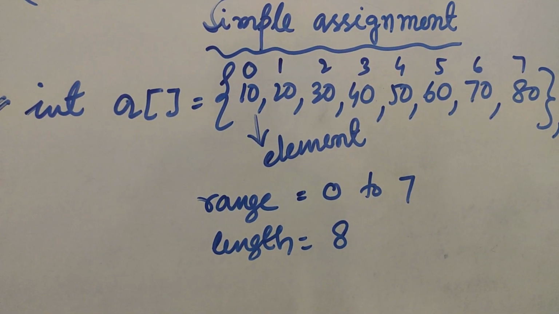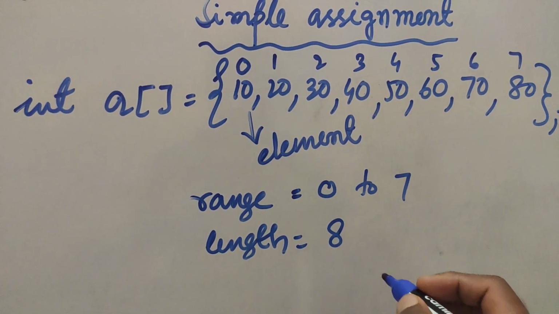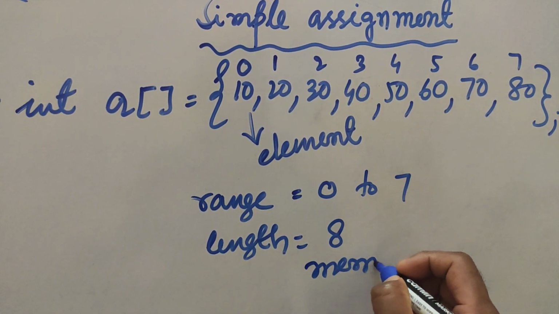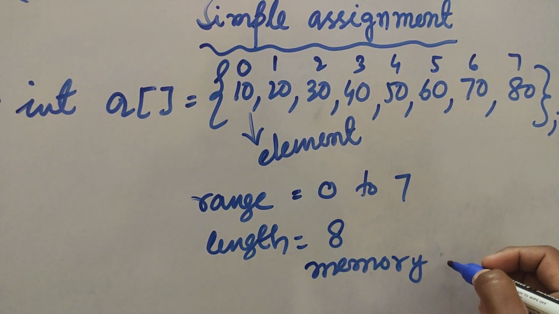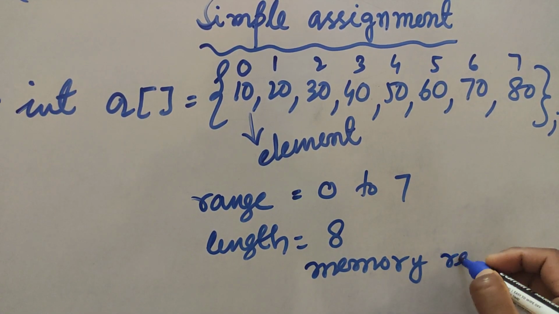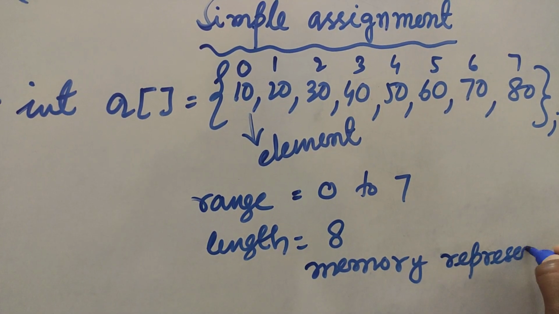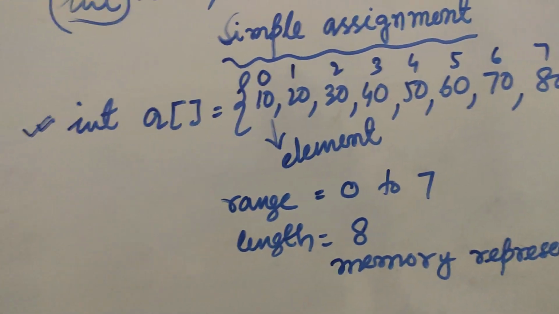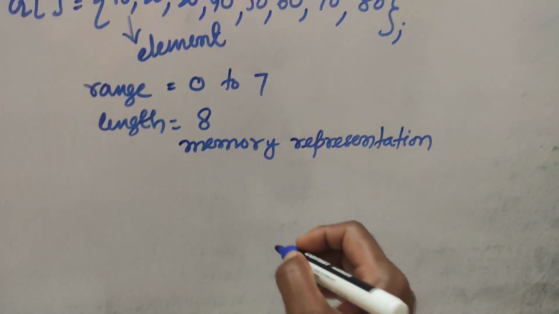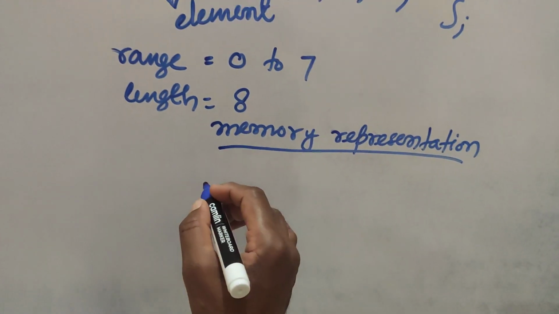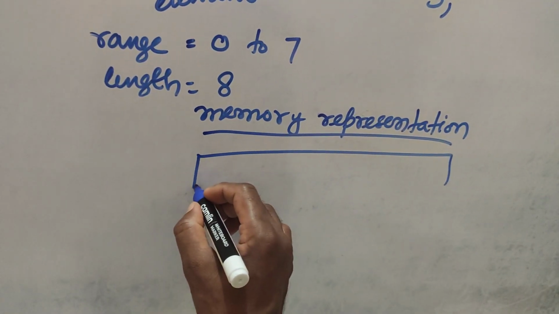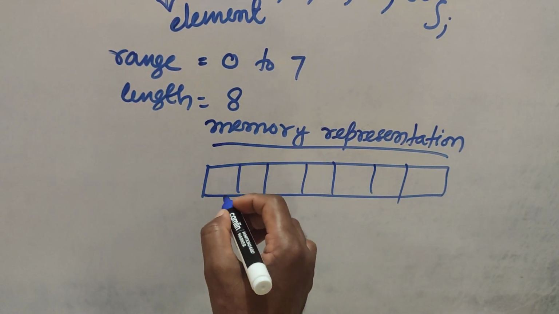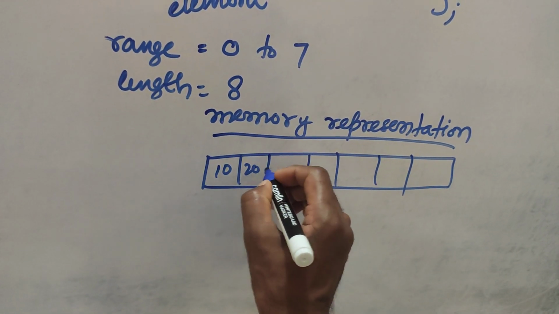One more thing is the graphical or memory representation. This is the memory representation: in the computer's memory, the values will be placed this way.